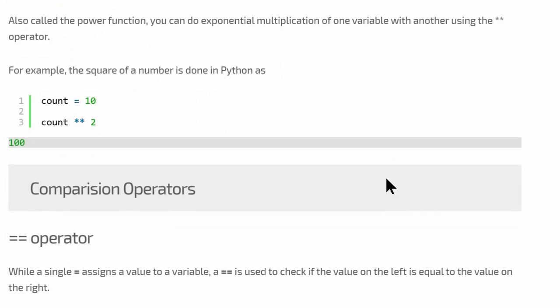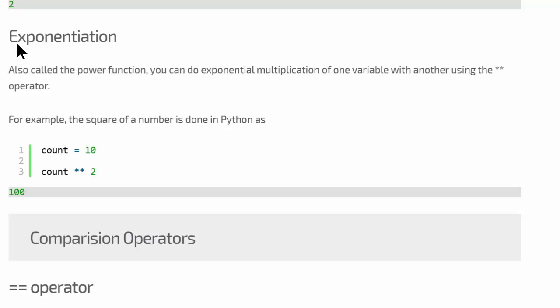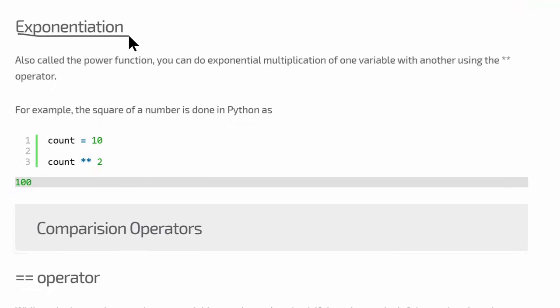All right, what do we have next? Exponentiation. Sometimes you do powers, like 2 power 2, 2 squared, or 3 squared, right? You use it typically in math, where you have to do power operations, or sometimes in the calculation of an interest. Calculating compound interest on a particular amount, the formula for that involves some kind of exponentiation.